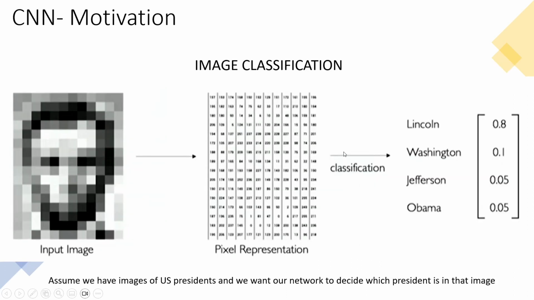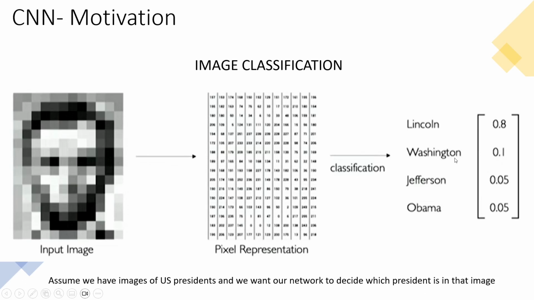And the problem we are trying to solve is we represent our image as a two-dimensional matrix, and we apply a classification algorithm in order to get the probabilities of this image being Lincoln, Washington, Jefferson, or Obama.